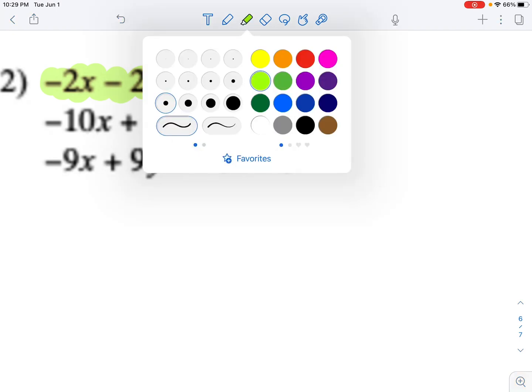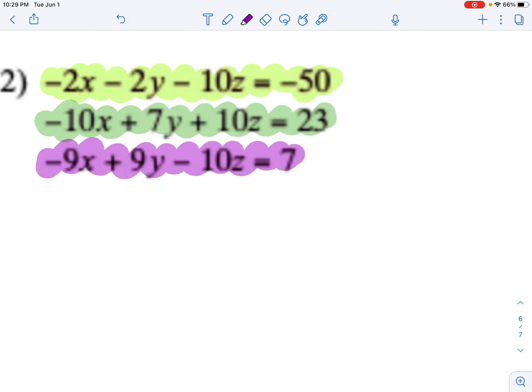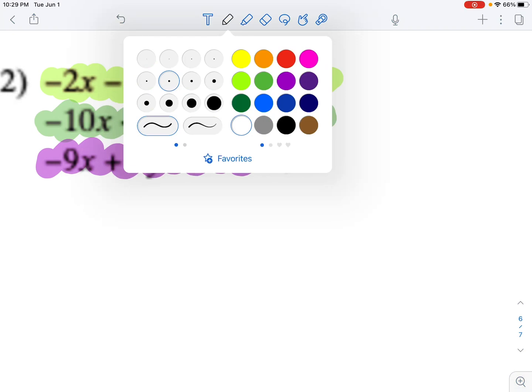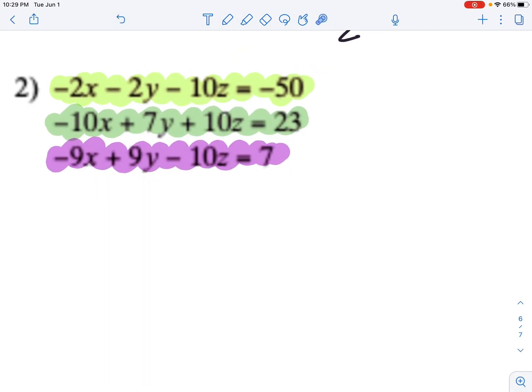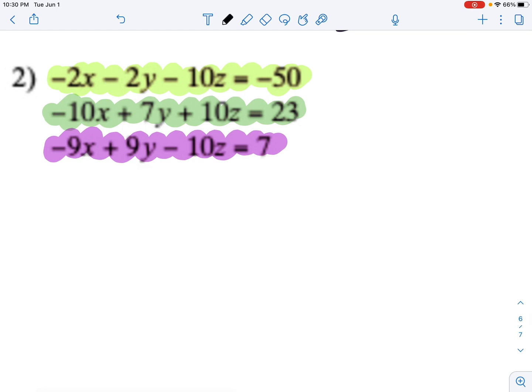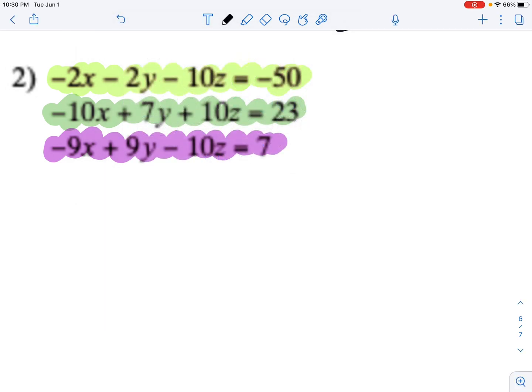We'll go with lime green, regular green, and purple, like that. So let me pick 2 equations. I know my z's are going to cancel here, because look, 2 are negative and 1 is positive. So I'm going to pick 1 negative, 1 positive. I'm going to go with lime green.